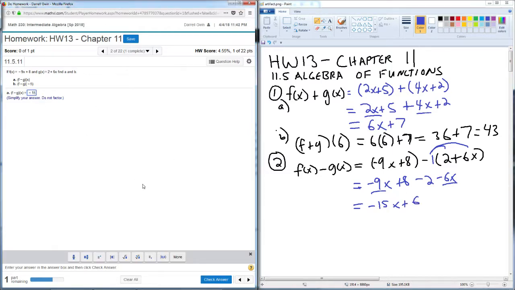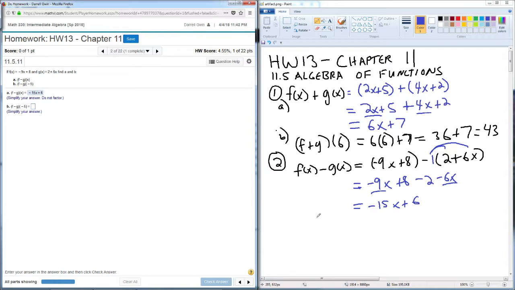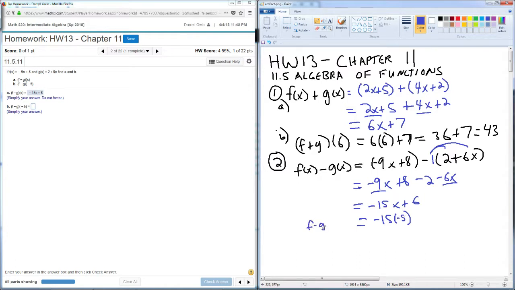Negative 15x plus 6. Alright, excellent. Next is going to plug in that negative 5. So instead of an x, we can change the x to a negative 5. So this is going to be f minus g of negative 5.